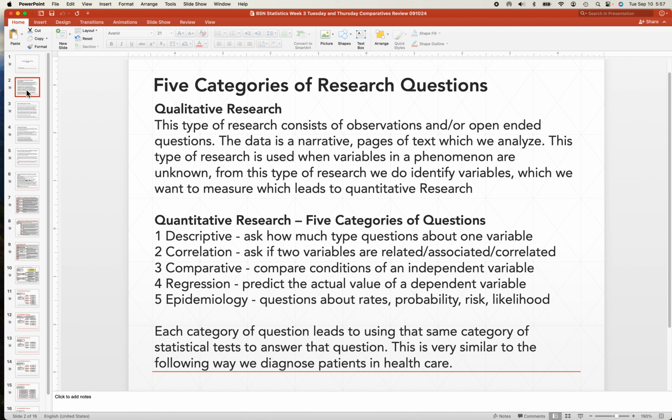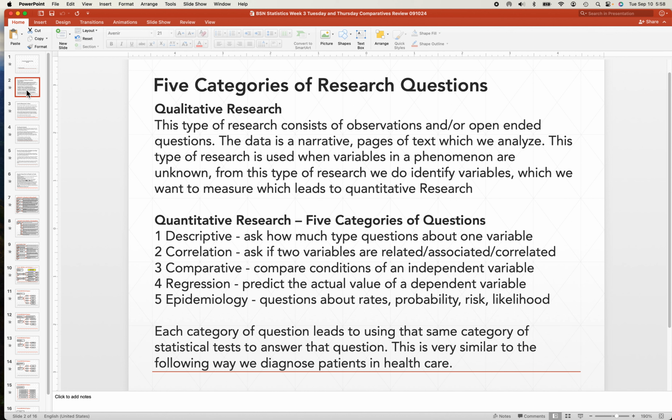So if I were to ask you a question such as, does level of formal education, gender, and years of experience predict the actual level of job satisfaction in staff nurses? Because I use that word predict, you would know that that is a regression question, again calling for a regression study with a regression analysis, and we would use the regression test, and we will cover those after we complete our study of the comparative level.